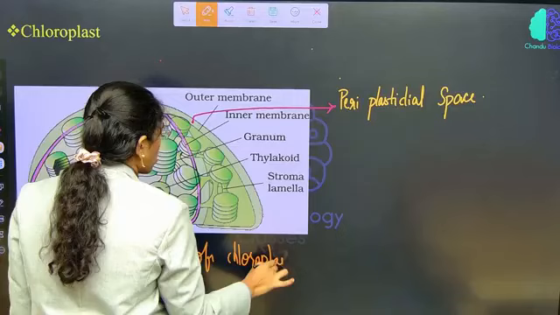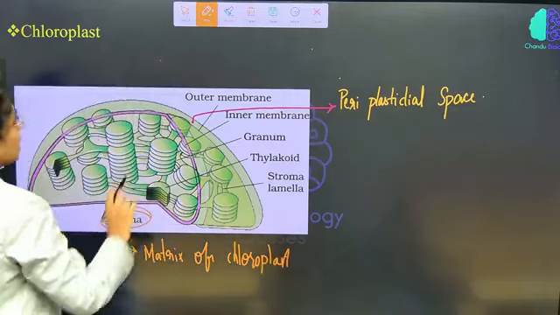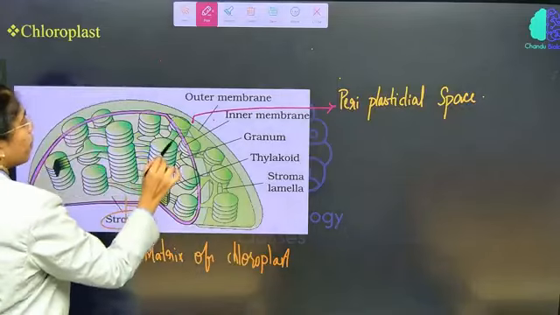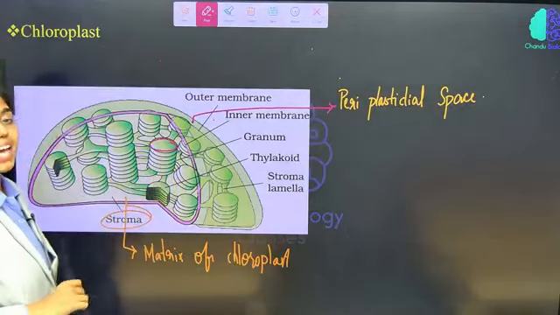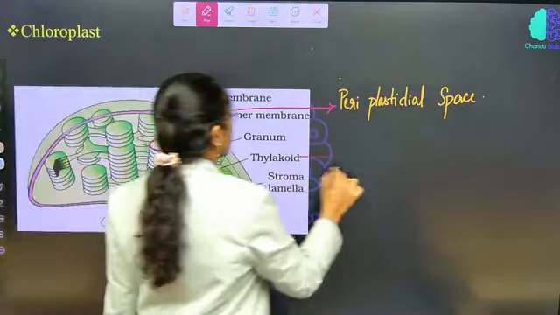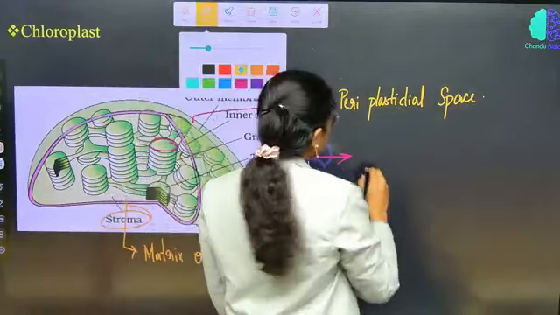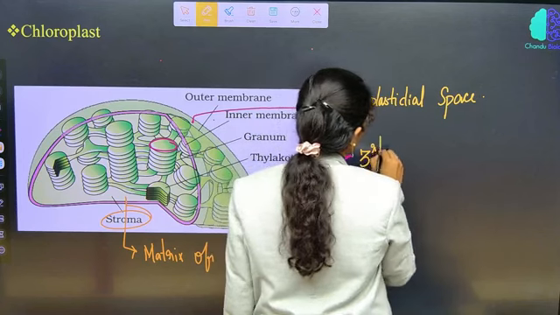Inside the matrix of the chloroplast, there is a third membrane system that is developed, which is the thylakoid lamellae or thylakoid membrane, which is rich in lipopolysaccharides.